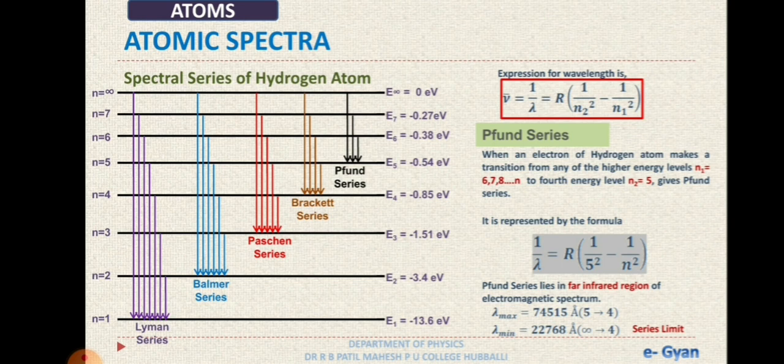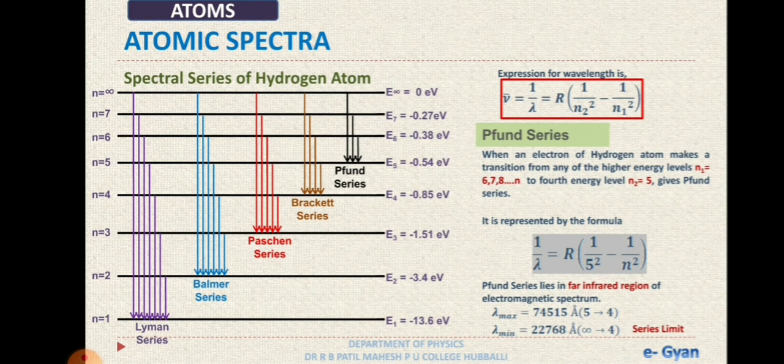So these five are the spectral series of the hydrogen atom: Lyman, Balmer, Paschen, Brackett and Pfund. Lyman series is due to the transition of an electron from any of the higher energy states to 1. Balmer is due to the transition from any higher energy state to 2.